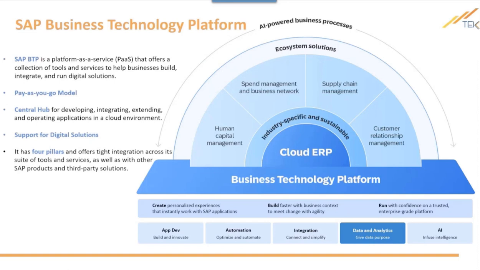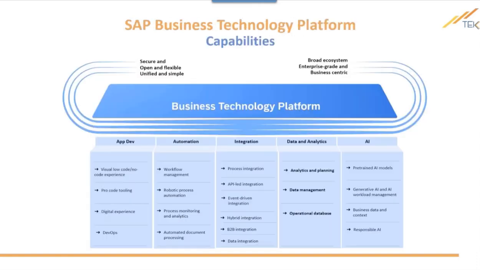Everything can fit into one single offering, which is Business Technology Platform. As an organic product of SAP, it has tighter integration with SAP products, which may include public cloud, private cloud, and on-prem. At the same time, with strong API and third-party integrations, it can seamlessly integrate with SAP as well as non-SAP data sources or applications.